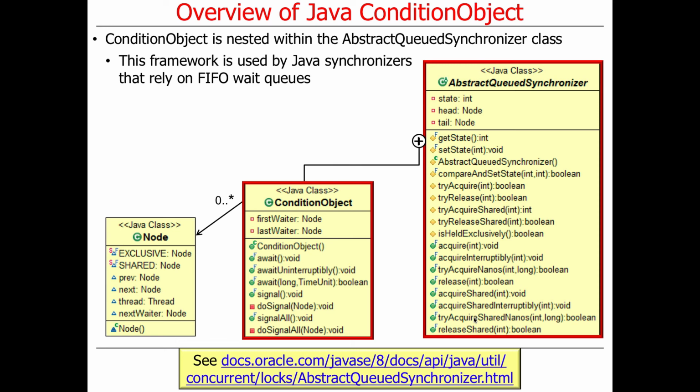And remember, the abstract queued synchronizer class defines a framework that's used by a bunch of Java synchronizers, such as reentrant lock and semaphore and condition object, in order to be able to use so-called FIFO wait queues that wait in first in, first out order. So you can see here we have abstract queued synchronizer. It's got nested inside of it a condition object, and condition objects are made up of zero or more nodes, and we'll see how that gets used in a second.